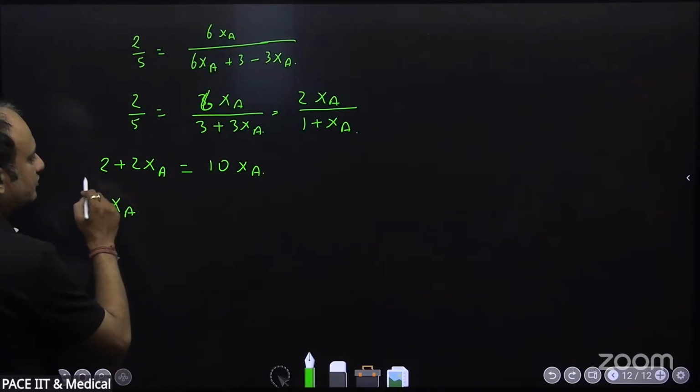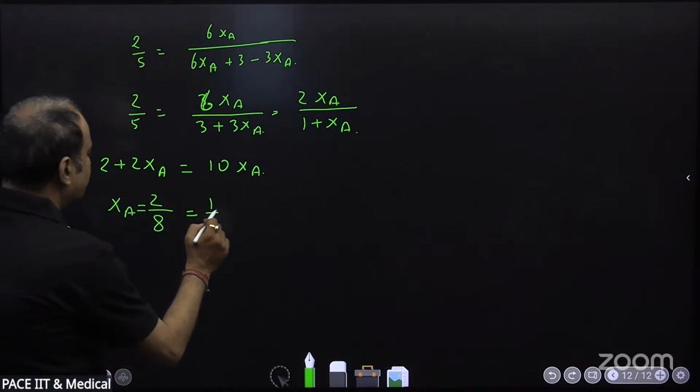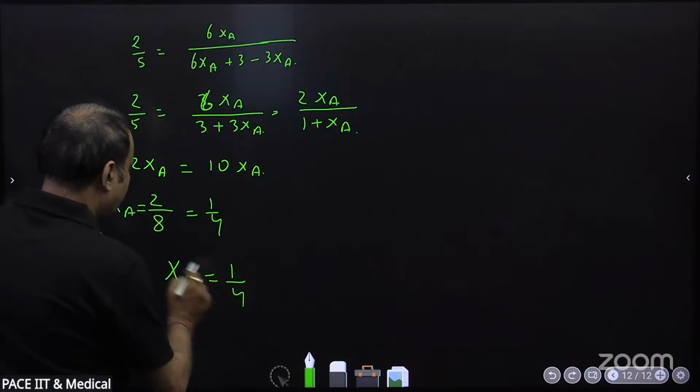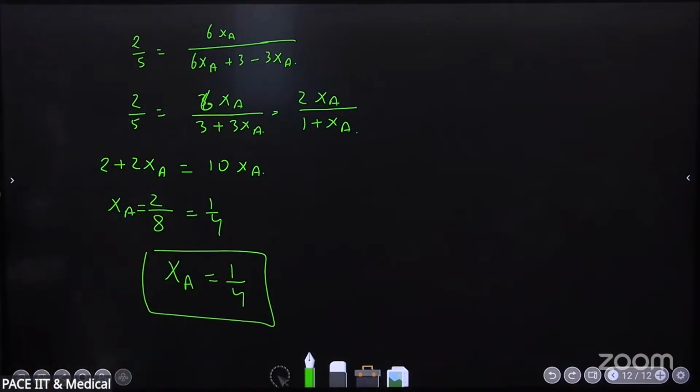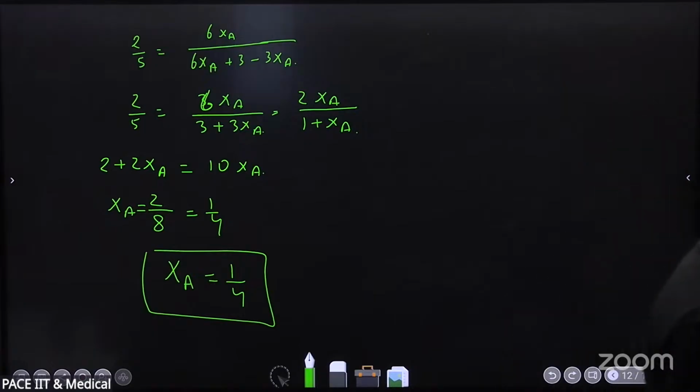So XA you get 2 by 8, that is 1 by 4. So one part of the answer becomes the composition of the last drop of liquid. In the last drop of liquid, the mole fraction of A is 1 by 4. Okay.